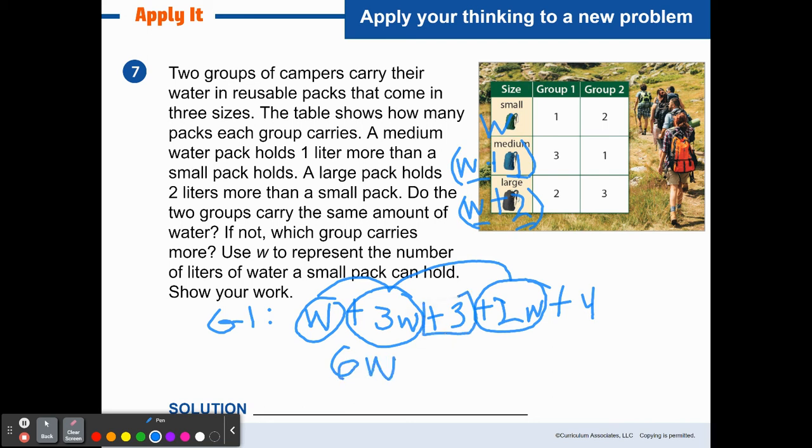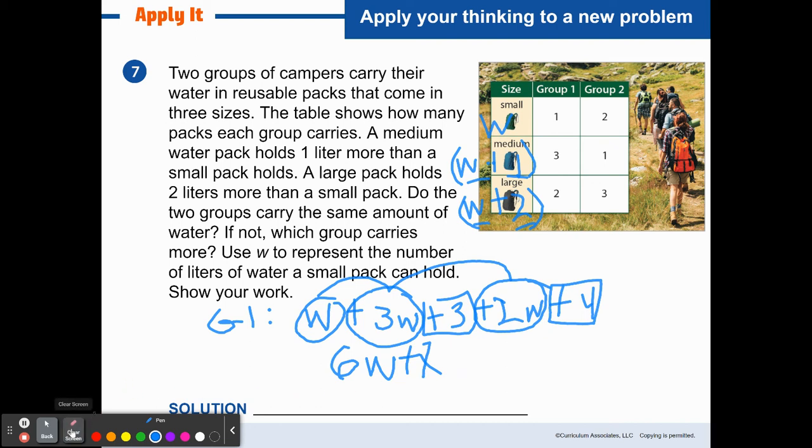And then I have some constants here of plus 3 and plus 4. So that would be plus 7. So that is what group 1 is carrying with them, is 6W plus 7. That slash mark didn't mean for that to go there. All right, so that's group one.